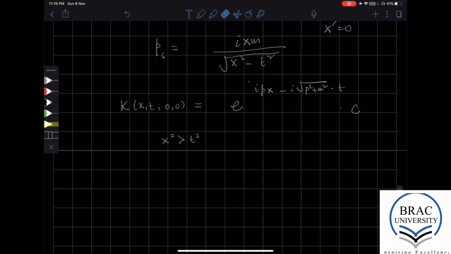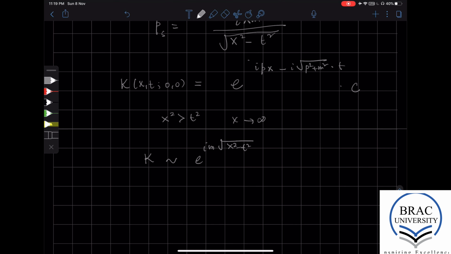Since we're interested in evaluating this in the asymptotic limit in which x goes to infinity, we can see with a bit of calculation, which I'll leave as an exercise, that K asymptotically looks like e to the power i m square root of x squared minus t squared. So this is non-zero. We see that the obvious generalization of the non-relativistic propagator to the relativistic case still gives us a propagator which is non-zero for space-like separation.